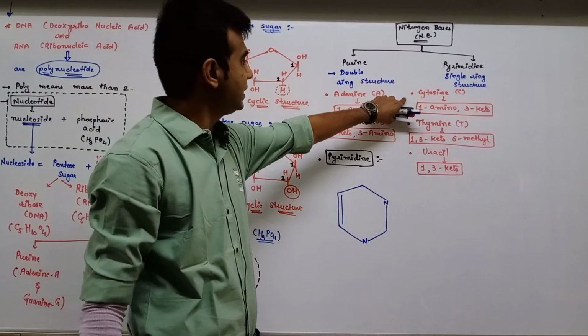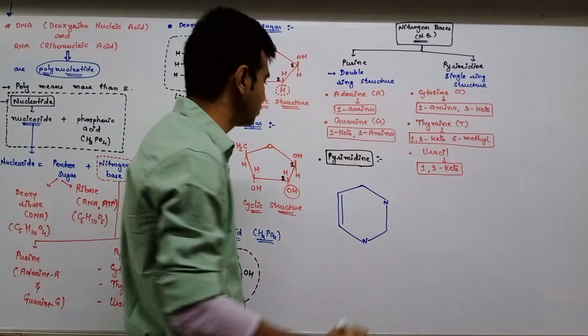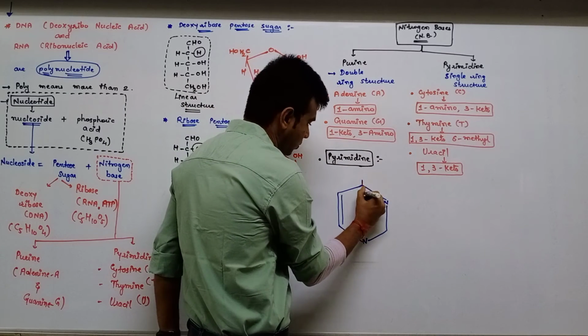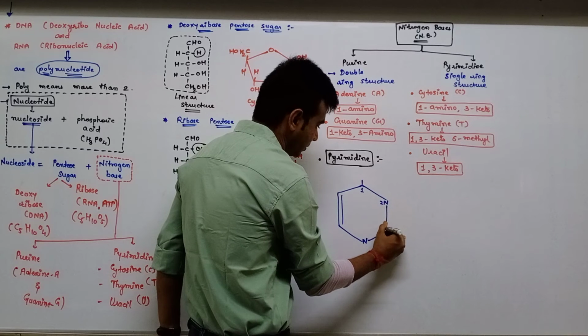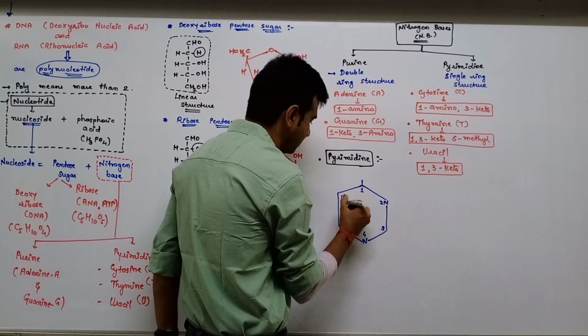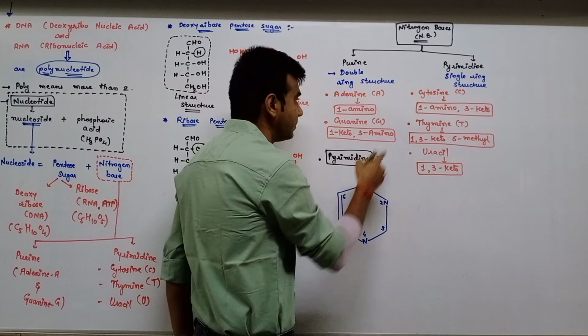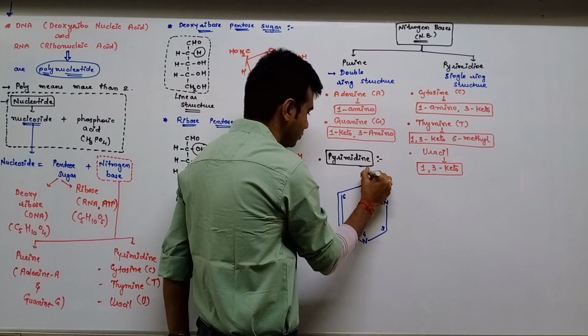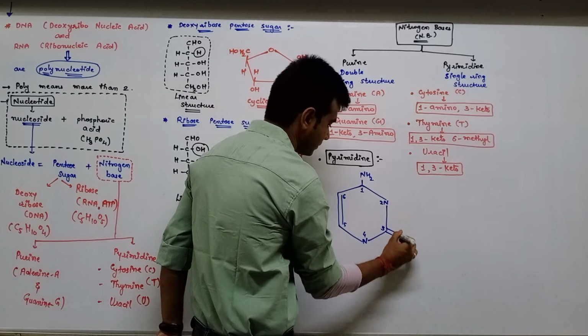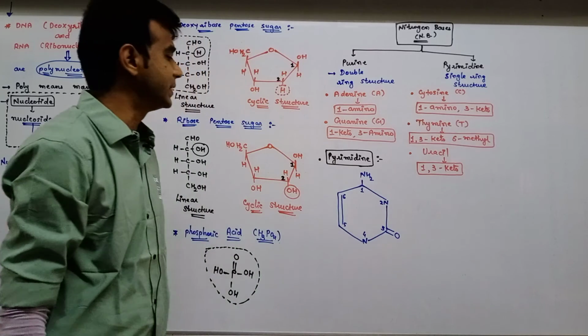So cytosine 1 amino 3 keto. Put first here 1, 2, 3, 4, 5 and 6th number. 1 amino NH2 group is there. 3 keto. Put 2 bonds here.